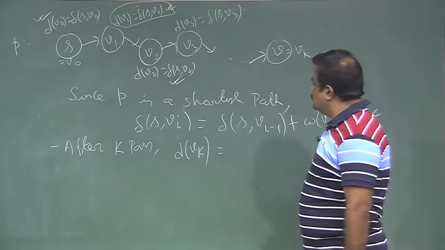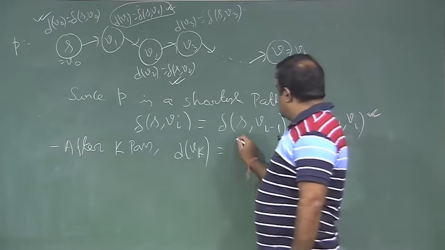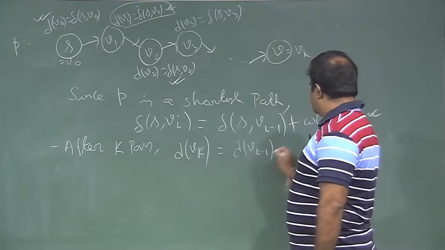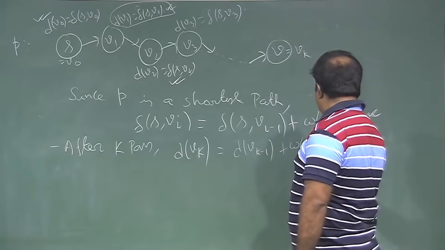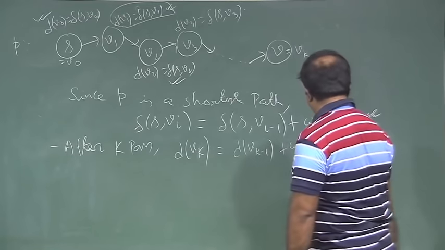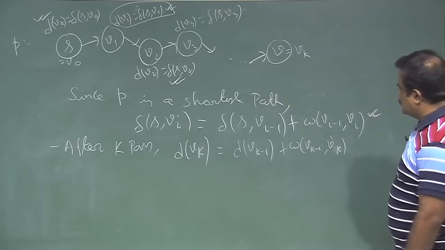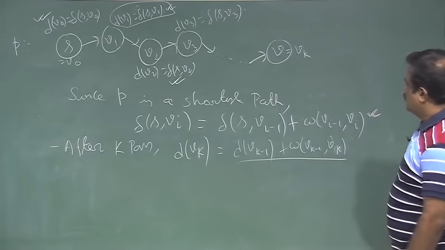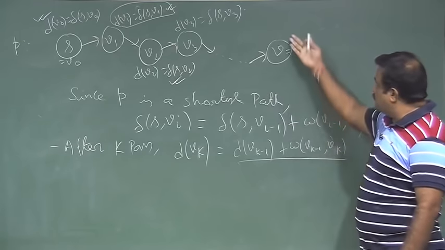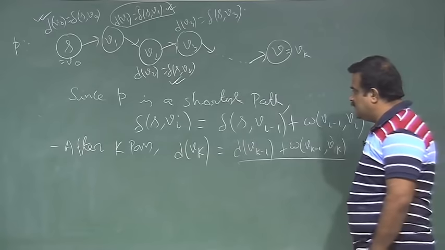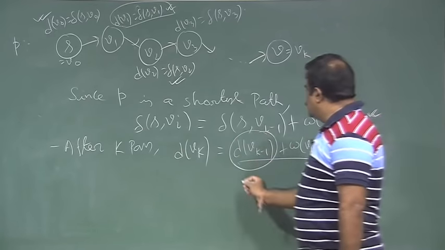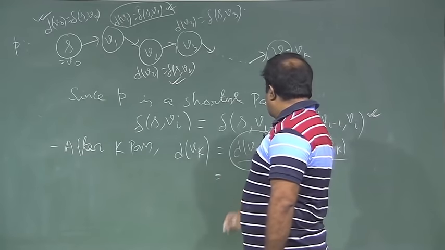So in the kth pass, if d of Vk minus 1 plus W of Vk minus 1 comma Vk is less than the current d of Vk, then we must relax this, because d of Vk minus 1 is already done in the k minus 1 pass.